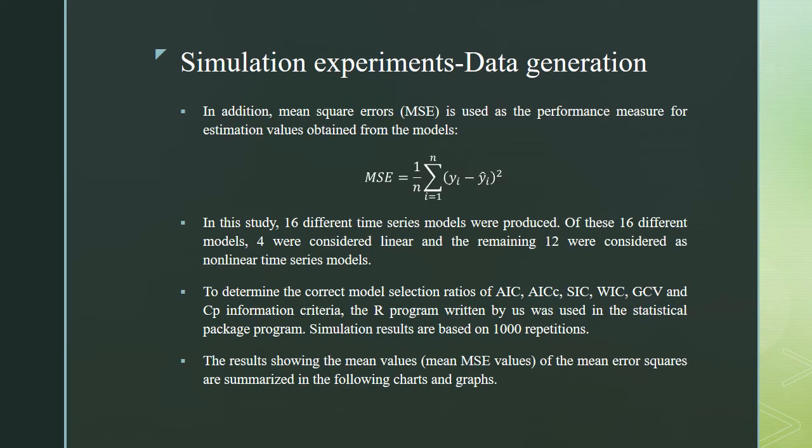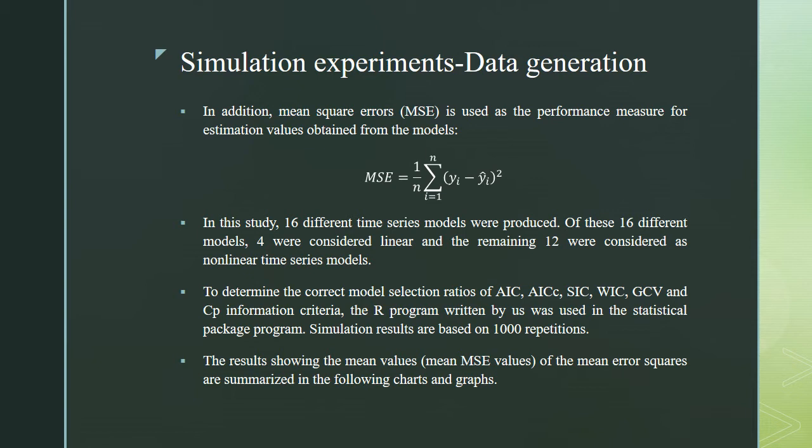In addition, mean square error is used as the performance measure for the estimates obtained from the models. In this study, 16 different time series models were considered. Of these 16 different models, 4 were considered linear and the remaining 12 were considered nonlinear time series models.